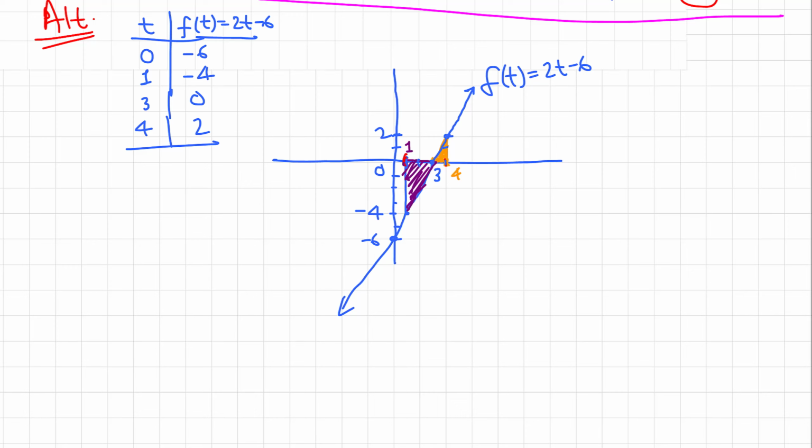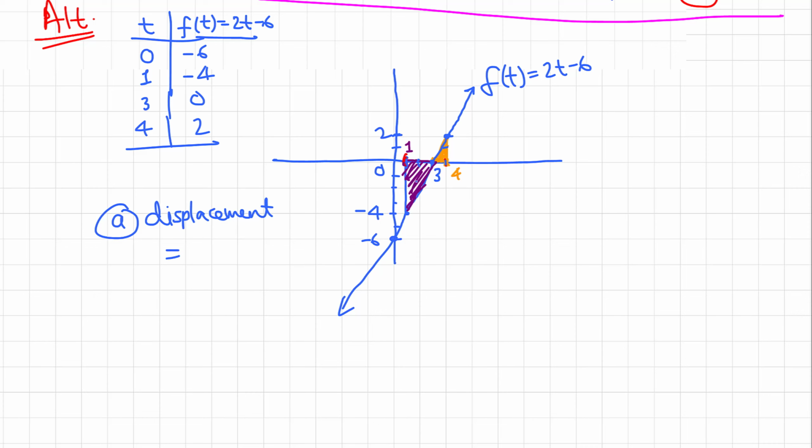And the net area will be the displacement. This one is considered negative on the bottom, and if we take the area, in fact area is always positive, that's the distance traveled. So in part A, displacement is net area.